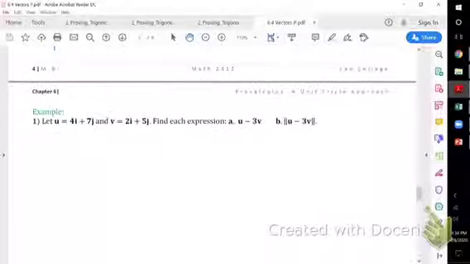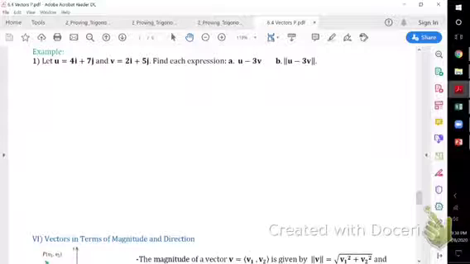It says let u equal 4i plus 7j and v equal 2i plus 5j. Find the expressions. For A, it tells us to find u minus 3v. Well, we know u is equal to 4i plus 7j.